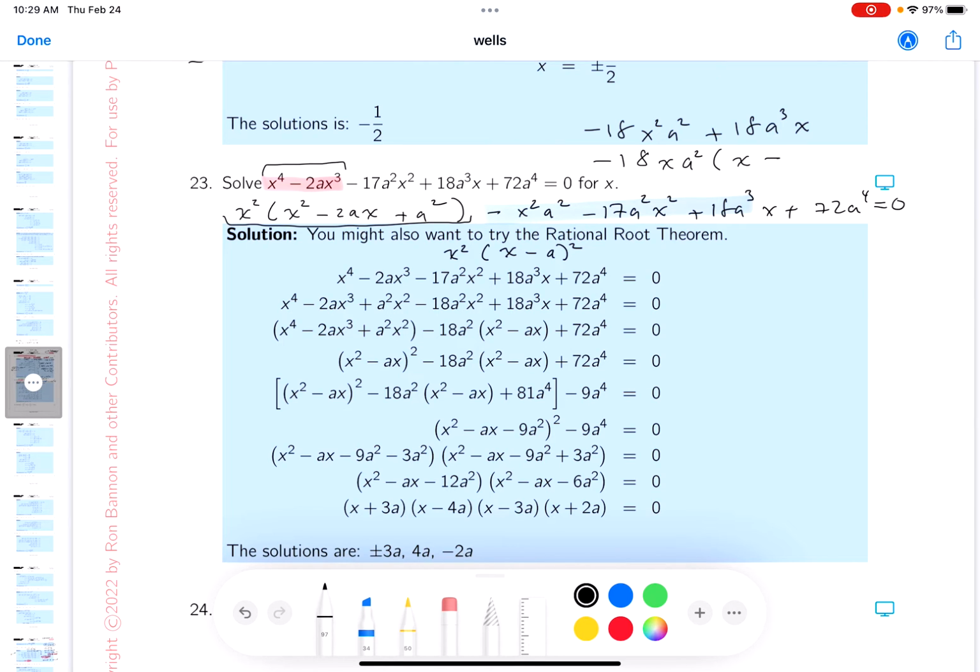And then minus, looks like you get minus a, right? All right, I'll write that down now. A squared, I'm going to write it as x minus a. All right. Last but not least, you have the 72 a to the fourth equals 0.